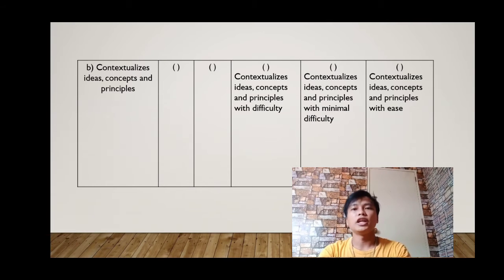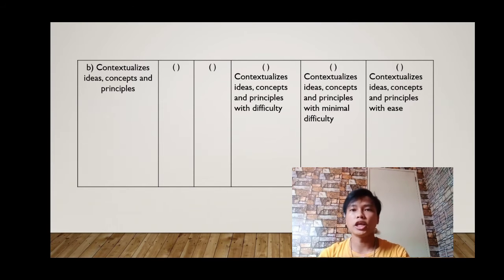An example of this, the students understand some of the content of statements, so they contextualize some of these ideas, concepts, principles, but they are having a hard time understanding or contextualizing the ideas. The students can explain some of the contents, but with difficulty.